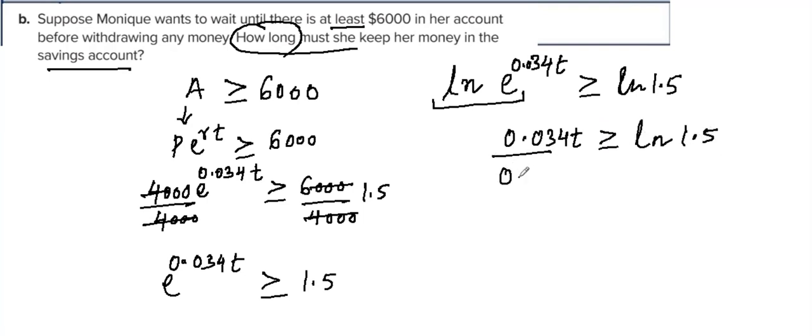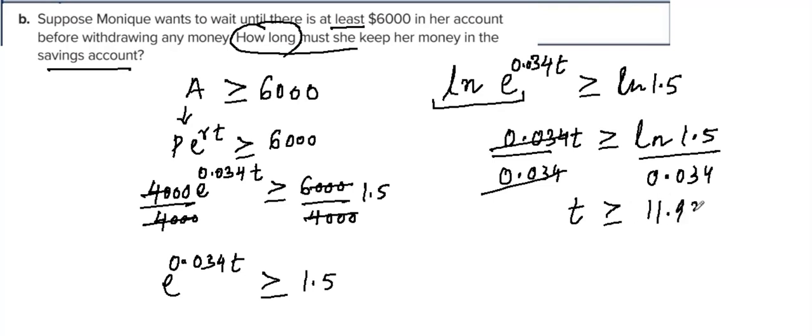So divide by 0.034 on both sides, because we are solving for t. This cancels out. So time is greater than or equal to, you can do this calculation in the calculator, which gives 11.93. So you can write in the answer that time should be at least 11.93 years.